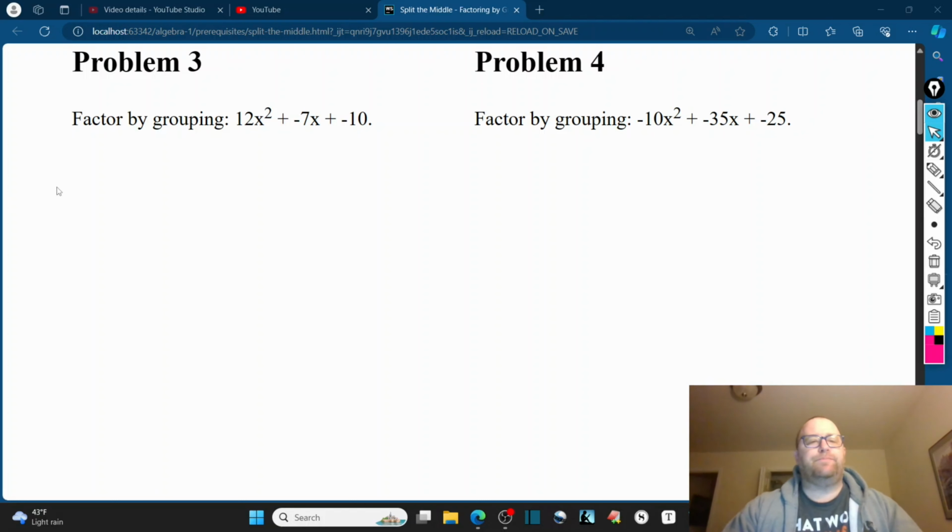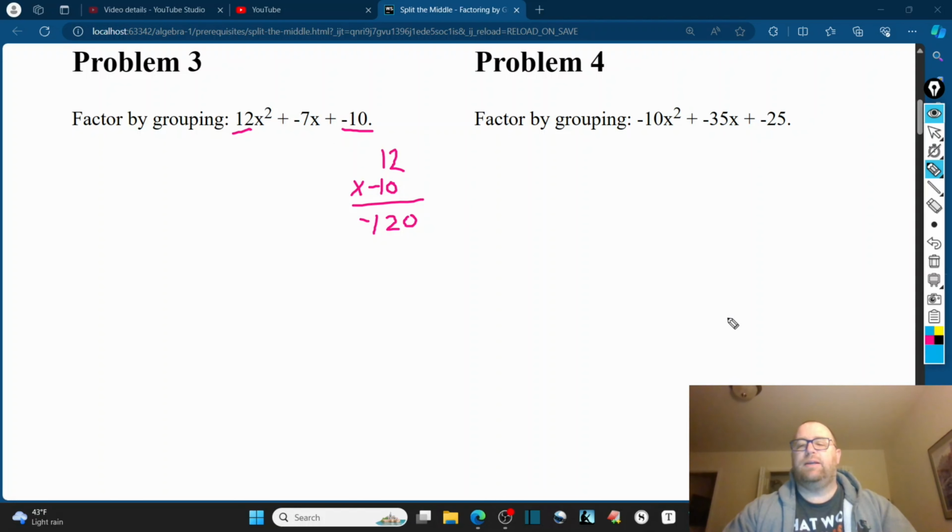In number 3, we're going to take the 12 here, multiply by -10. So we're going to do 12 times -10. That's a -120. And we want the factors of -120 that will add to -7.